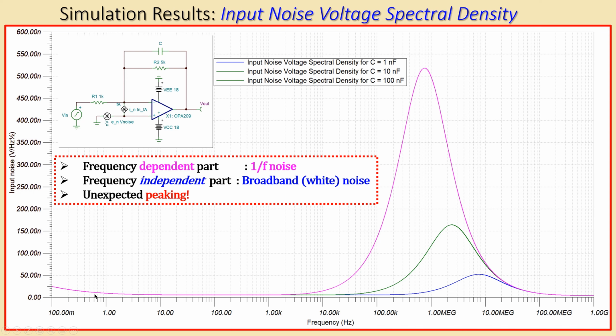But you also see the frequency independent part, which is the broadband part, and you also have that peaking, which is unexpected, and it's actually at this part. We also saw that in the Bode plot, that at this frequency around 1 megahertz, and a little bit higher for the others, there was some unexpected increase in the Bode diagram for the gain. That's actually the zero, and this is that unexpected part. But that is not what we are interested in, so we can ignore that for our circuit.